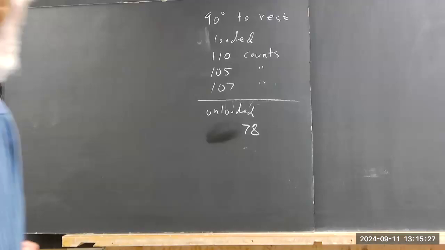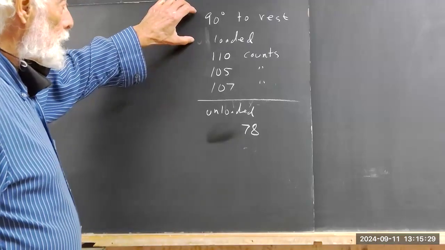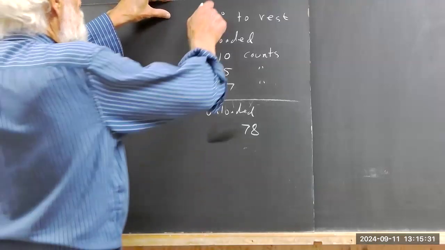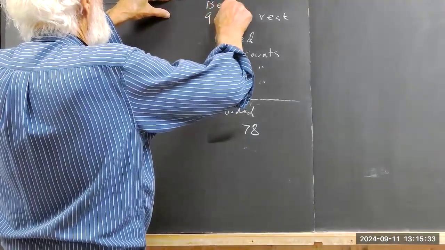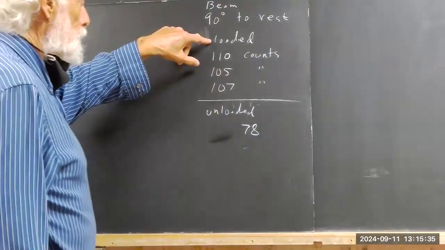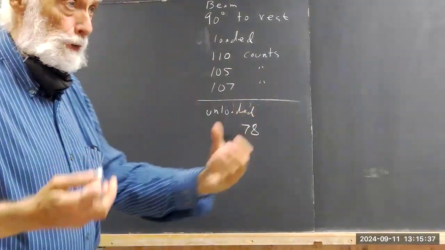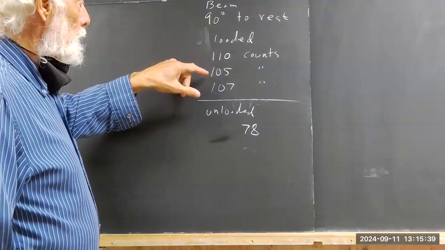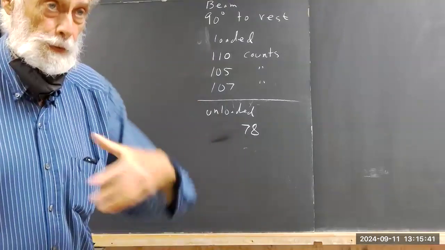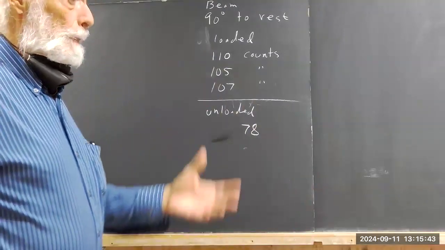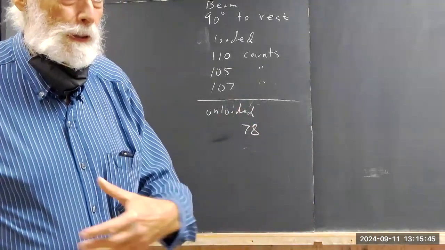Okay. So 90 degrees to rest. And this could be the loaded beam, the one with a couple of magnets on the end. 110, 105, 107 counts to the end. A couple people aren't here, so we don't have all the data.